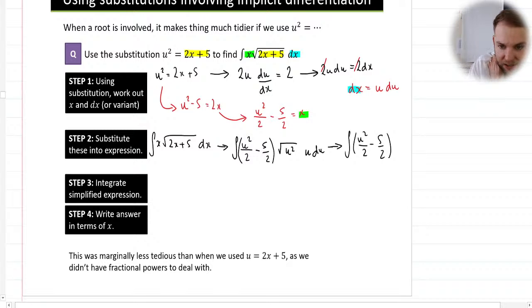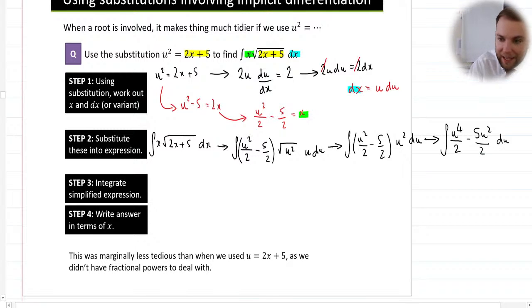Let's just times these two things here together. So the root u squared and u, let's times both of those together. If I times both of those together, I end up with u squared du. And then what I'm going to do is now I'm going to expand this out. So it's going to be the integral of u to the 4 over 2 minus 5u squared over 2 there, like so, with respect to u.